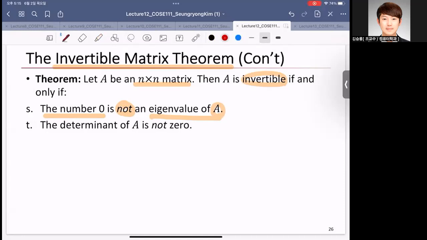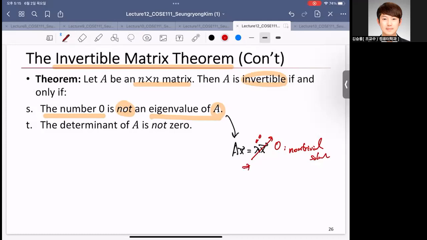We can easily prove this one. By definition of eigenvectors and eigenvalues, if lambda is equal to 0, then the right-hand side is going to be 0. Because this is an eigenvector, A x equals 0 should have a non-trivial solution.